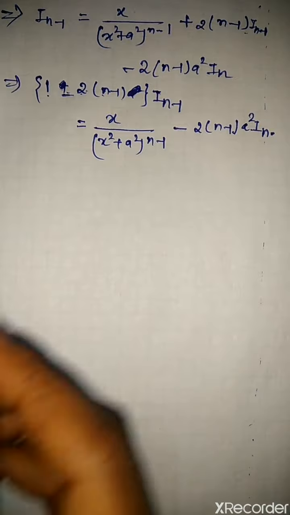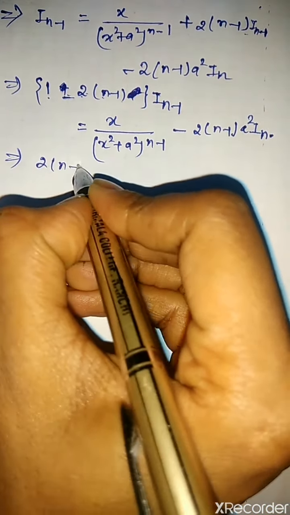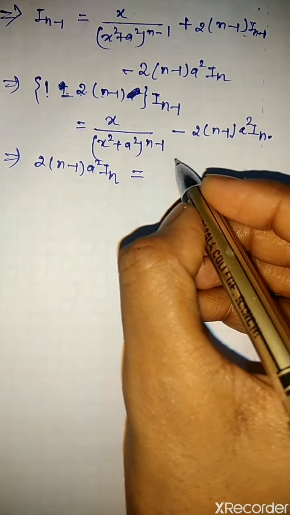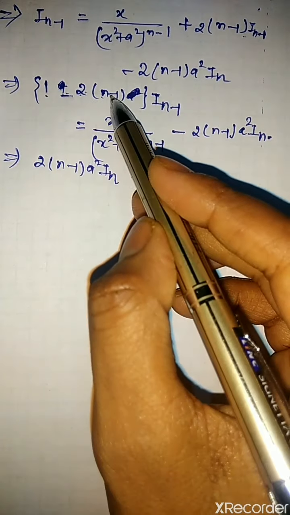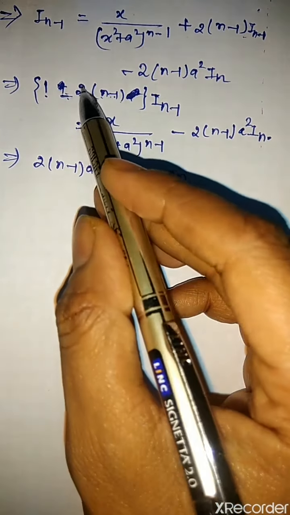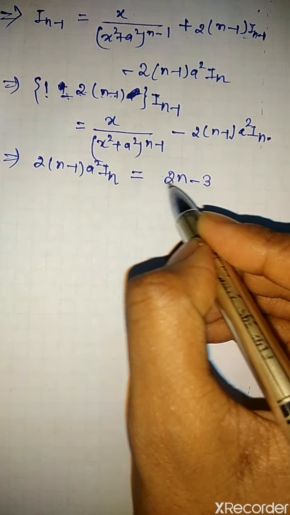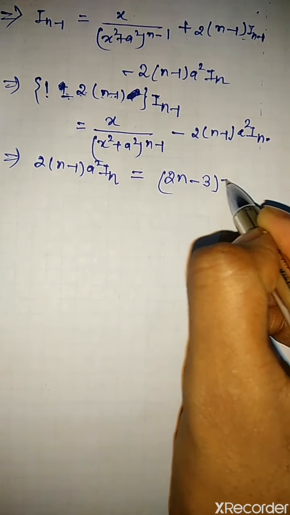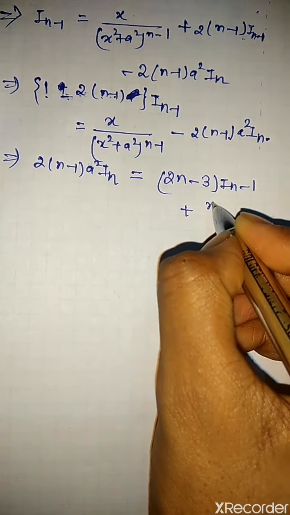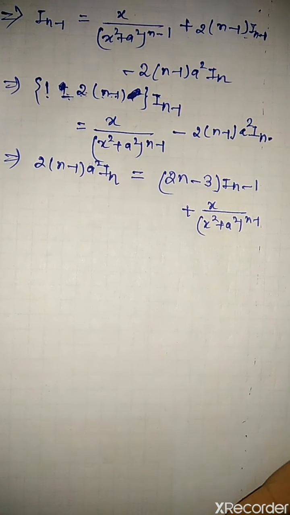So now we take the I_n term on the left hand side, so we have 2 times (n minus 1) a square I_n equals to, here we take this one as the right hand side, so what we get is 1 minus 2n, so minus 2n again plus 2n, and then we have minus plus 2, and then 1 3, so in the right hand side we are getting the minus 3, so (2n minus 3) I_{n-1}, and then we have plus x divided by (x square plus a square) whole to the power n minus 1.